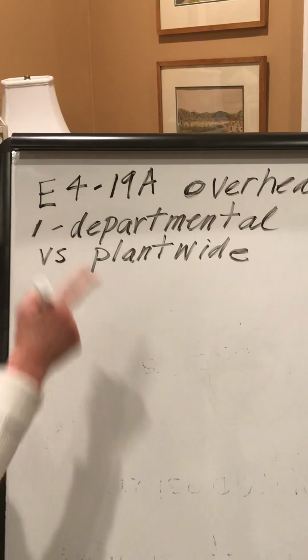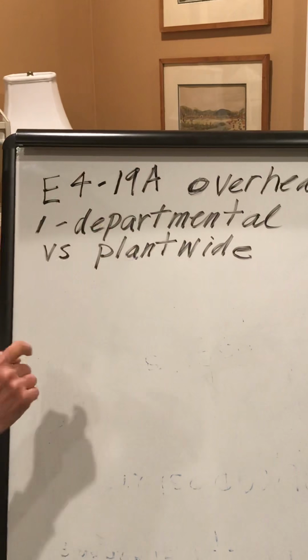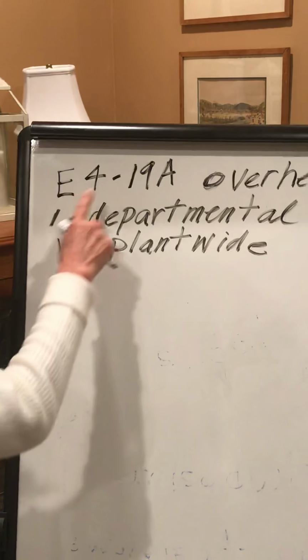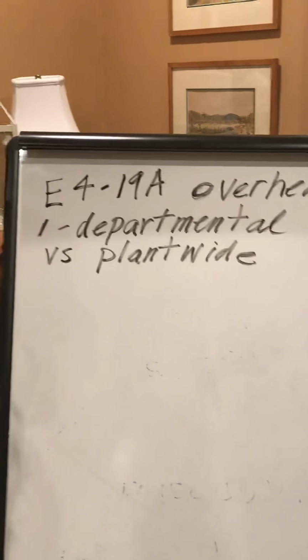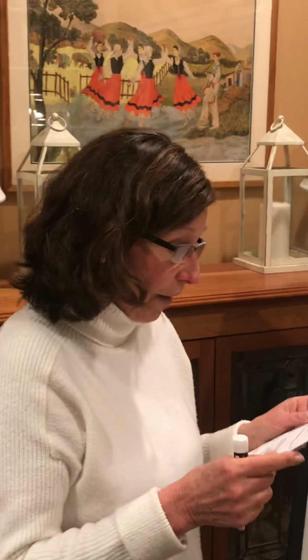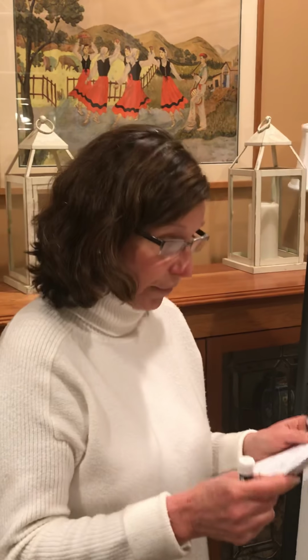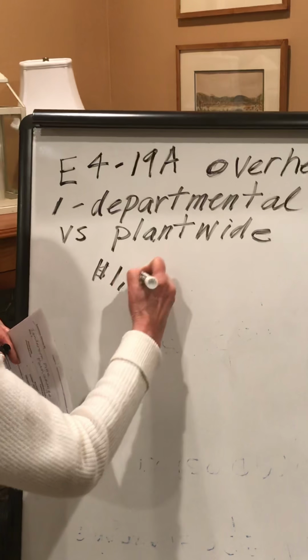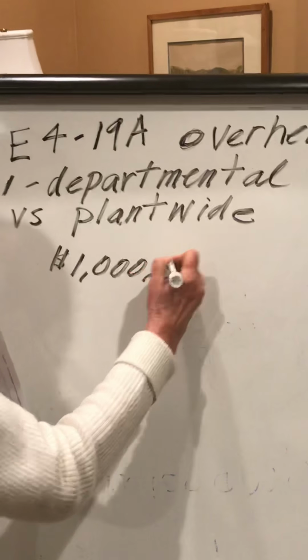Okay, so let's take a look at problem number 19. It's on page 221. So problem 19 is about a furniture manufacturer, Sanderson Fine Furnishings, and they produce custom fine furniture. So we know from the problem that they expect their total overhead to be $1 million for the year.